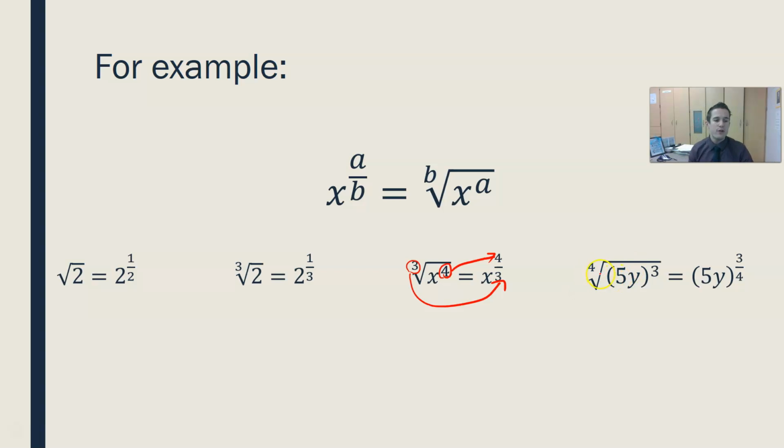If I had a 4th root, say a 4th root of 5y to the 3rd, I can write that as 5y, in parentheses, to the 3/4 power. This exponent goes on the top, this root goes in the bottom. So if I have a fraction exponent, I can write that as a radical, or a square or cube root, or a 4th root, or whatever it may be.